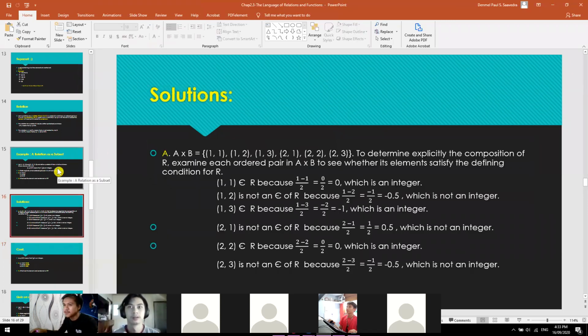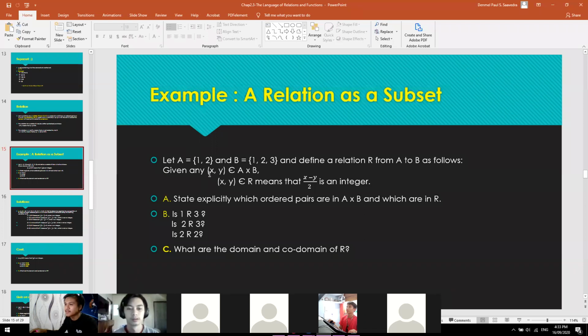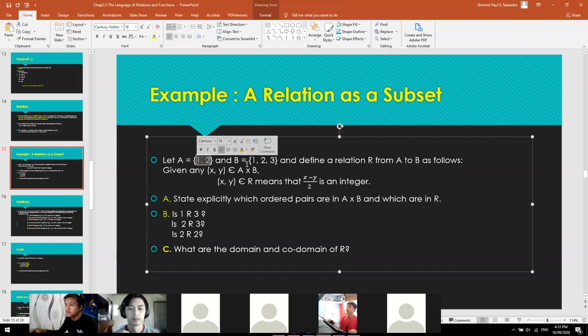Let's go back to this. If you notice, this is our X, and this is our Y. Some people reverse it, wherein it is B to A, and X and Y is an element of B times A. So then this is your X, and this is your Y. X is the domain, and Y is the codomain.